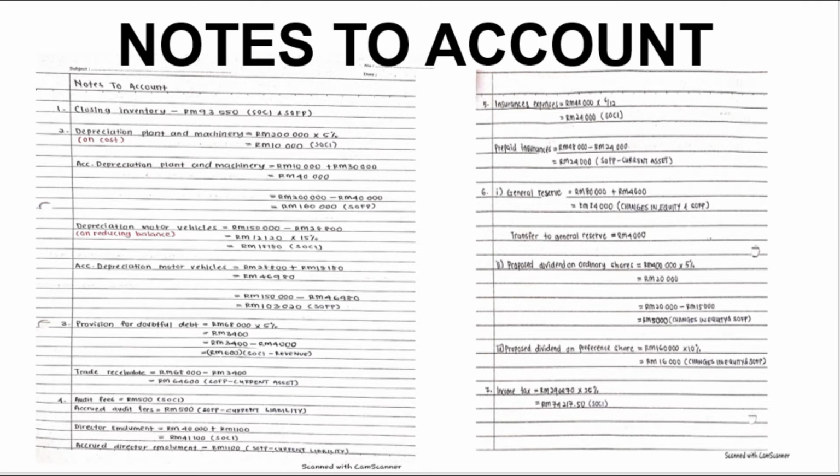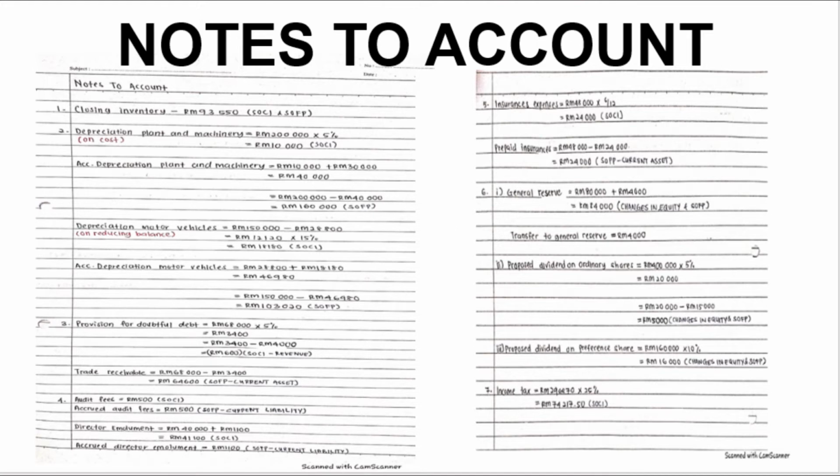The written down value is now the cost of the motor vehicle, 150,000, less accumulated depreciation 46,930, and you will get the amount 103,020, which is placed in the statement of financial position.